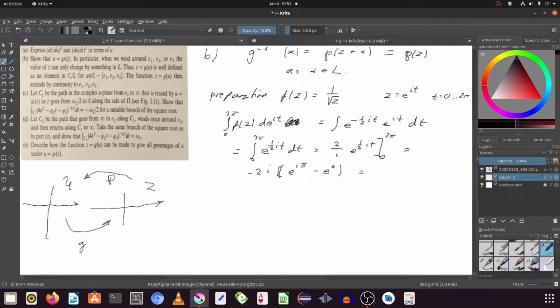This is 1 and this is minus 1, so it gives minus 2.